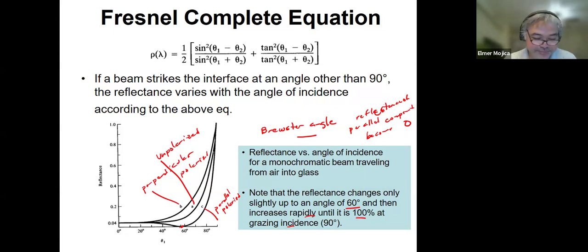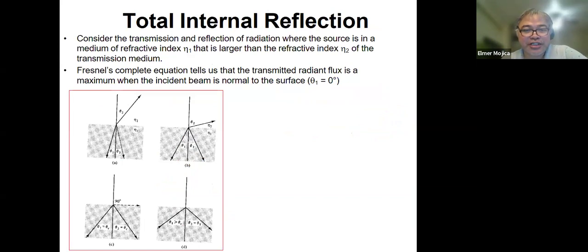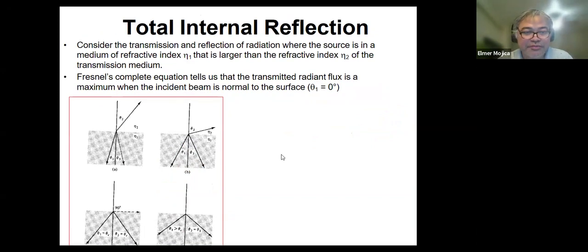Okay. Now, we have what we call total internal reflection. I think we discussed some of it before.